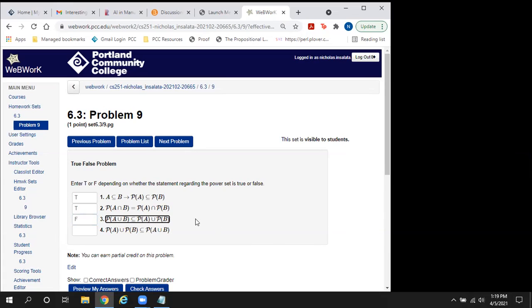Okay, is that A or B, David? Or is that A and B? A and B, got it. Okay, so A just has 1 and B just has 2. Okay, so then what would be the power set of the union? Well, that would be the power set of {1, 2}, which would be empty set, {1}, {2}, {1, 2}, right?